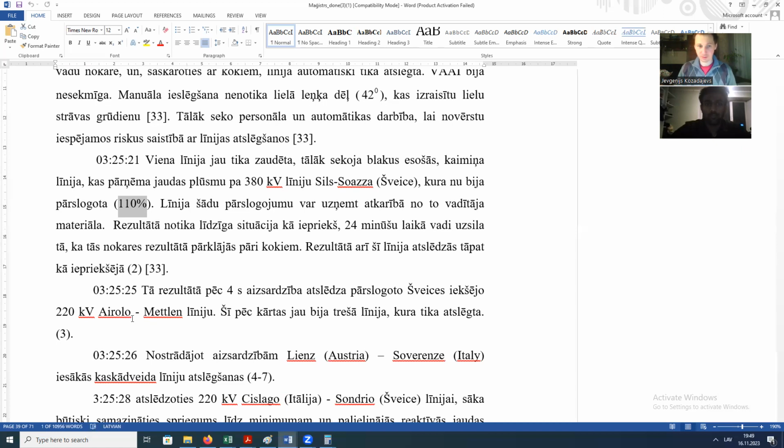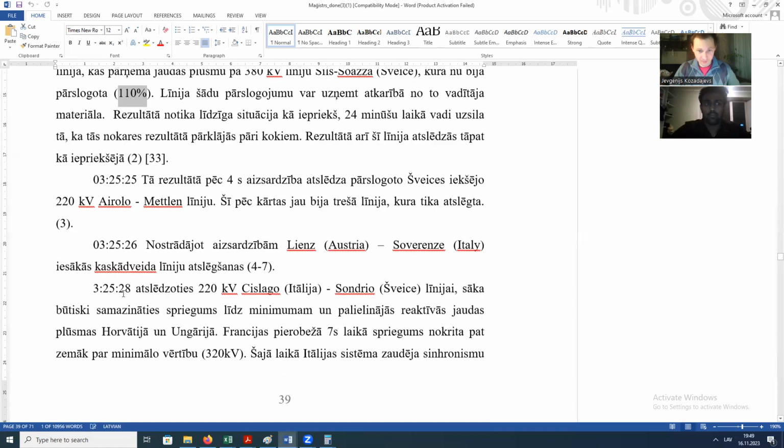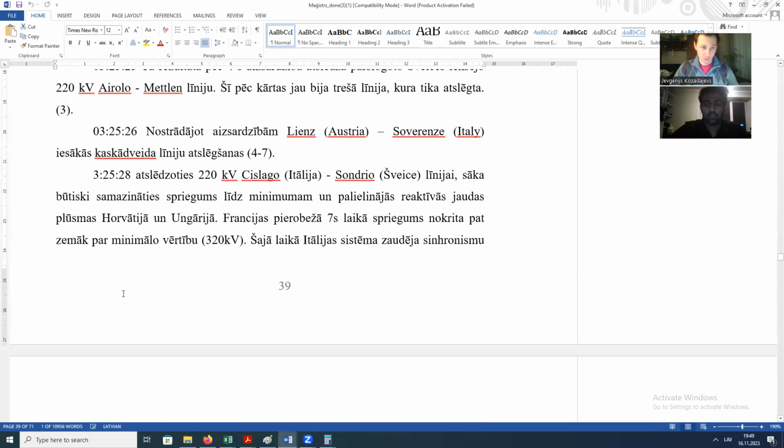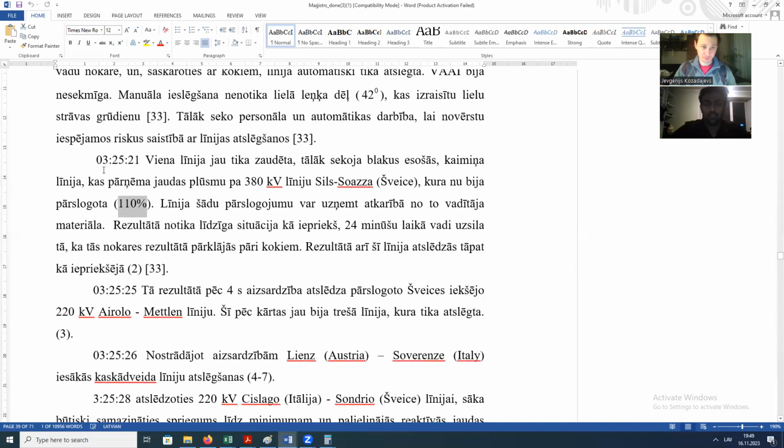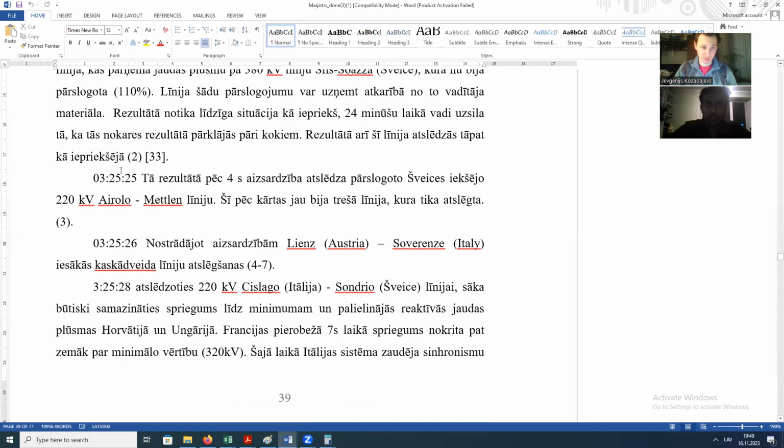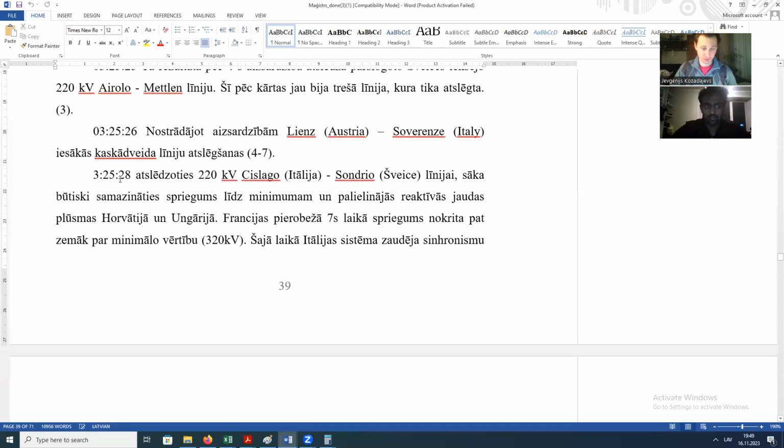That means the first line is disconnected by the overload protection, in some time the second line is disconnected by overload protection, and so on. This started, the overload protection started to disconnect lines at 25 minutes, and here we could see in a series the same operation.